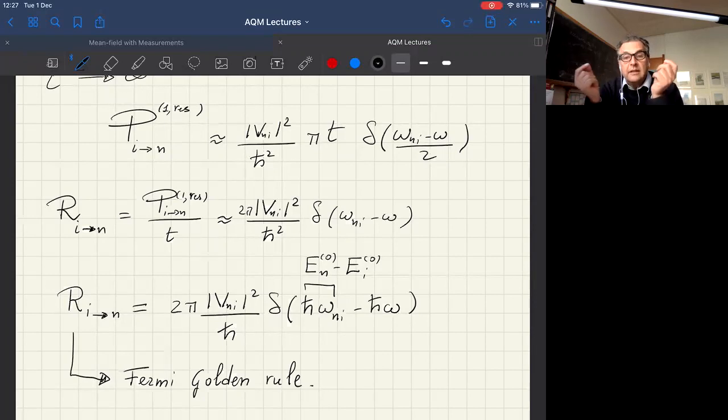So the longer the time, the smaller the possibility of a violation of energy conservation. It's just by the uncertainty principle.